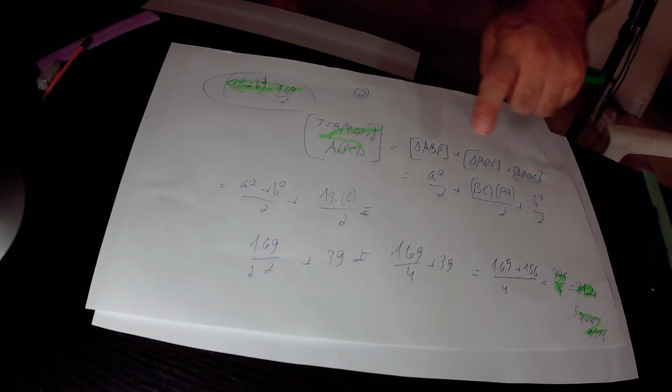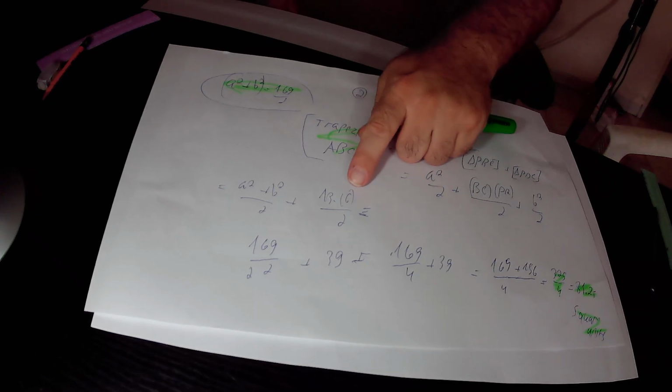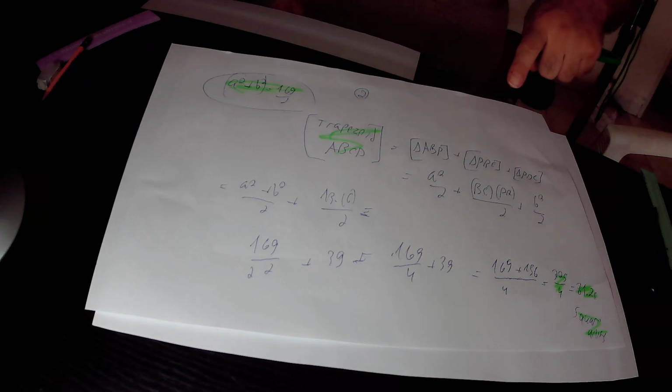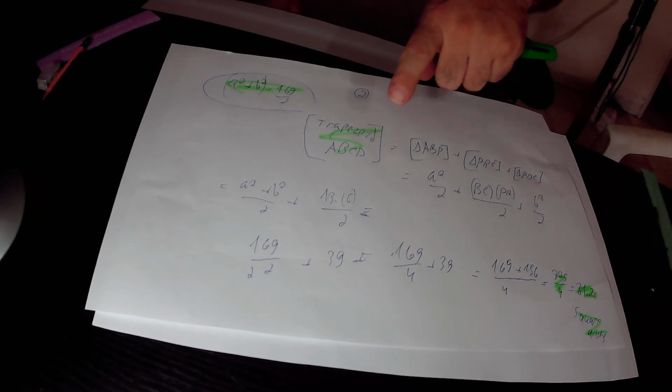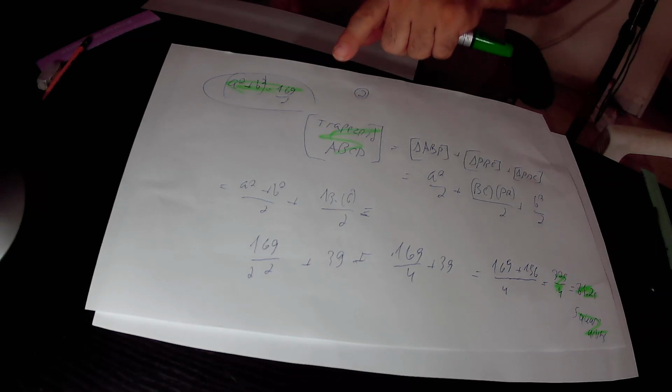BC is 13, PQ is 6, divided by 2. So the area of the big right triangle PBC is 13 times 6 over 2. 6 over 2 is 3, and 3 times 13 is 39. So in total, the area of triangle PBC is 39 square units.